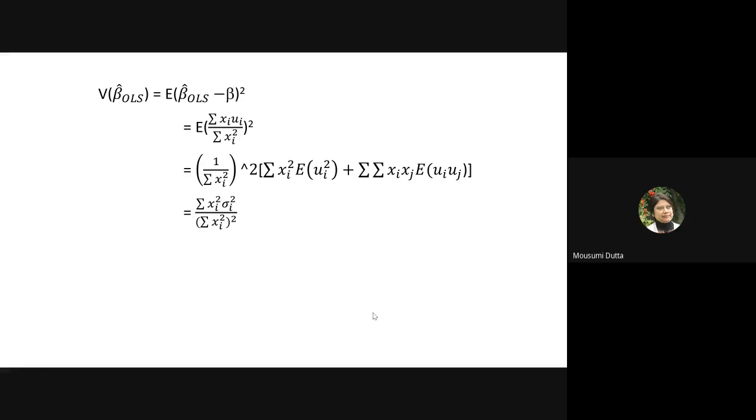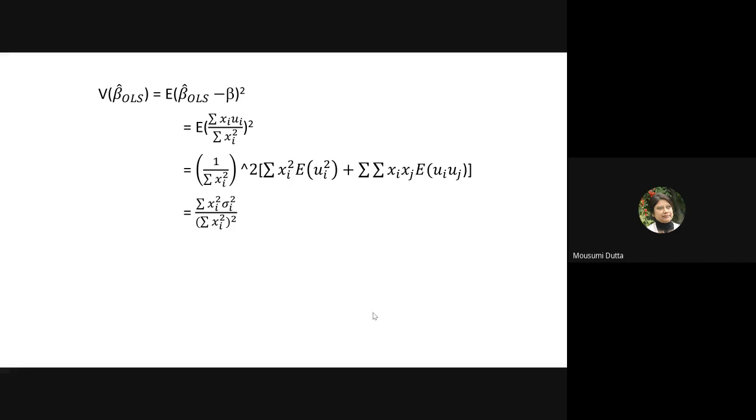However, among these alternative unbiased estimators, the exact form of the variance of beta hat OLS gives us the minimum.